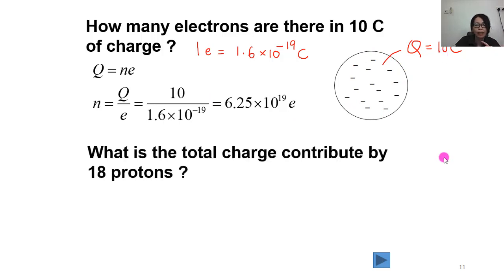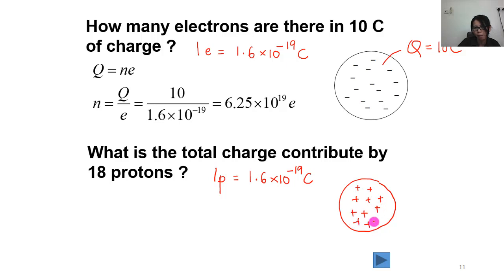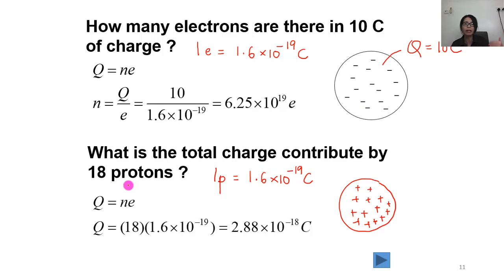Clear? Okay. One more, maybe we would ask, what is the total charge contributed by 18 protons? If I have 18 protons, how much total charge will I get? We understand that one proton carries the most basic charge of 1.6 times 10 to the power of negative 19 coulombs. So if I have 18 protons, each proton contributes this charge, so how much total charge will we get? We use Q equal to NE.